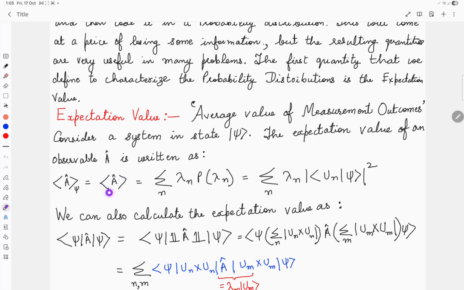So this will be the expectation value of observable A, and this is defined as the sum over n of lambda n times the probability of lambda n, summed for all the eigenvalues. All the eigenvalues multiplied by their probabilities and summed up will give me the expectation value, right?